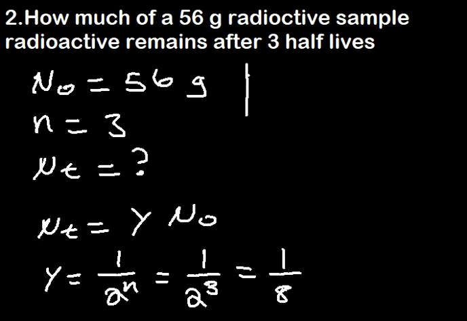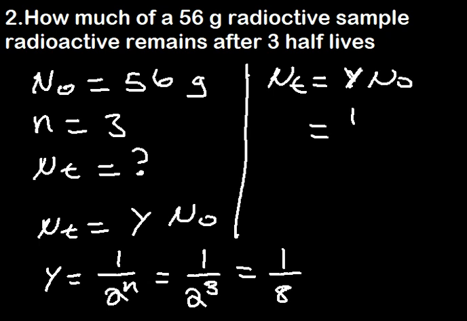Now in order to have the final amount, we have Nt is equal to y times the initial contents. That will be 1 over 8 times 56 grams. Now what is 56 divided by 8?